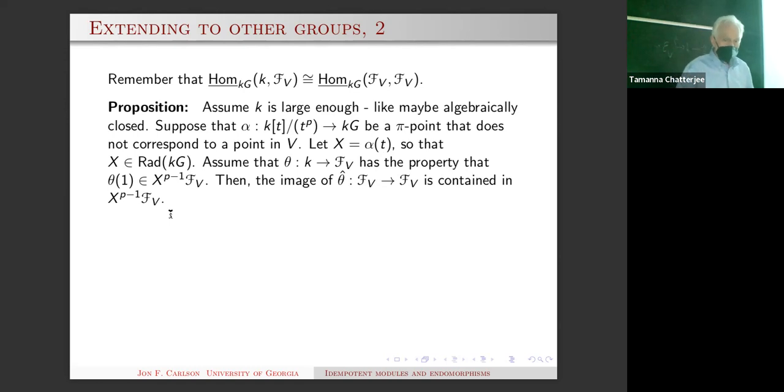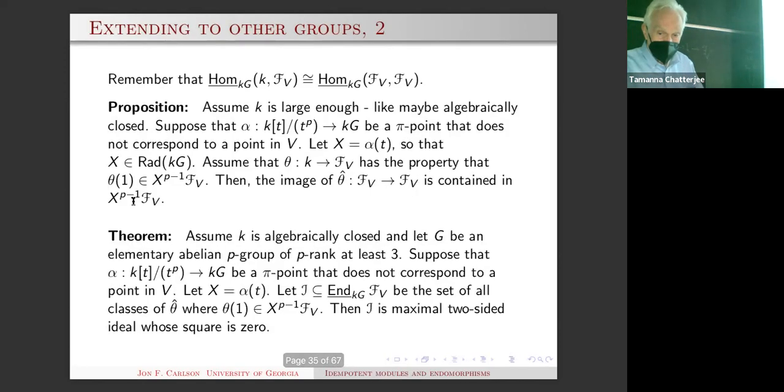The importance of this is, as I say, this x to the p minus 1, that's a nilpotent operator. Its square is 0. So when I compose two of these, I'm going to be multiplying by x to the p minus 1 twice, and I've got to get 0. That is what's got to happen in those particular cases.